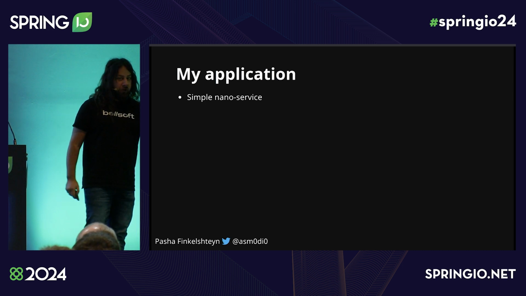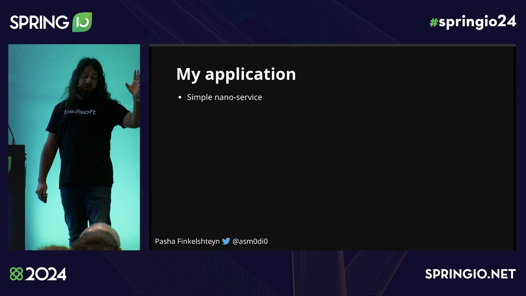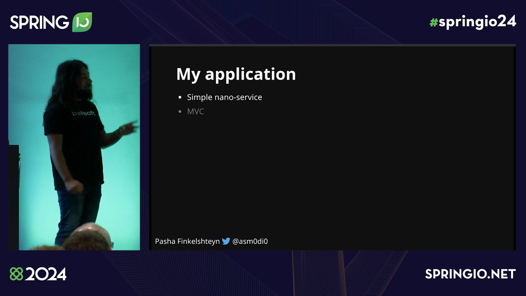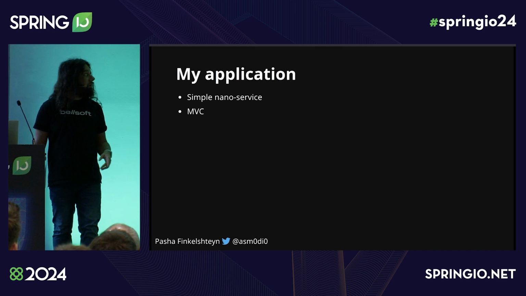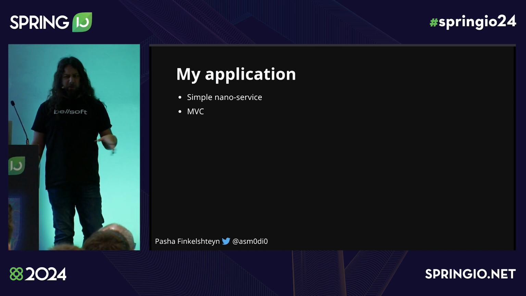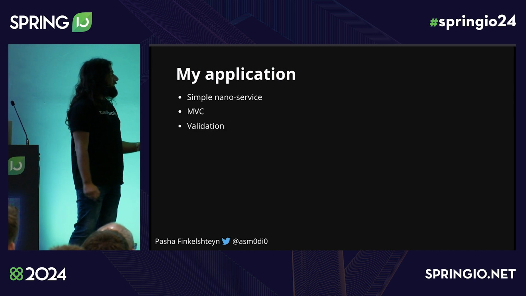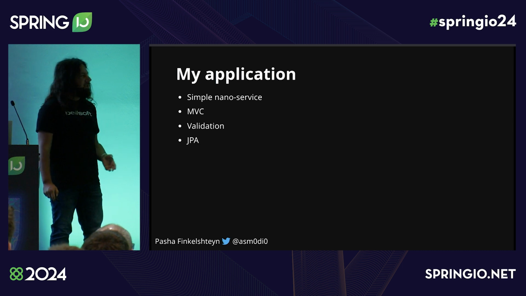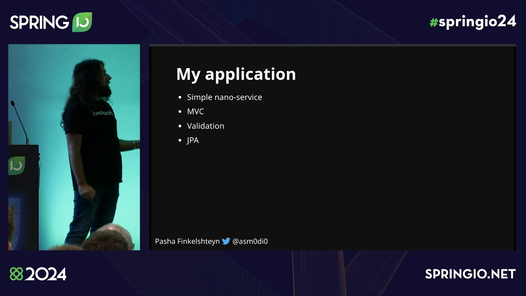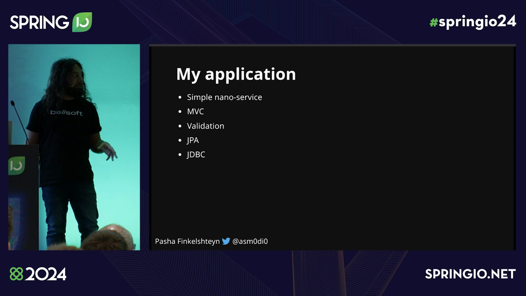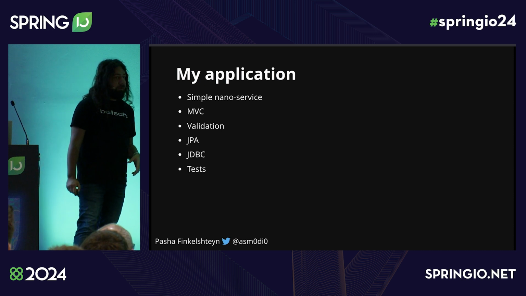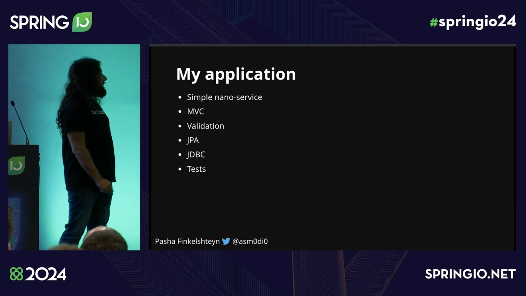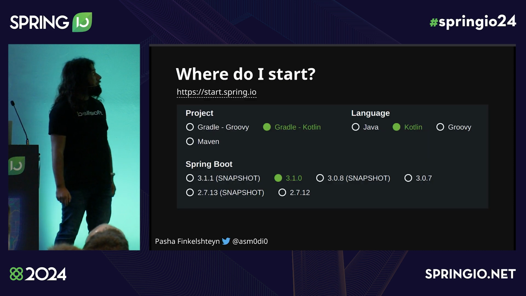Controller, service, repository. That's all. Nothing. And still there are some interesting parts. On MVC, obviously, because it's the most popular thing you write in Spring. Validation, because it's hard to live without validation. I will showcase JPA and some things about JPA and JDBC. I will try to showcase something about tests, but let's see if we have enough time.